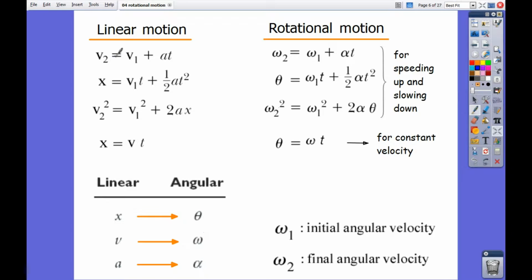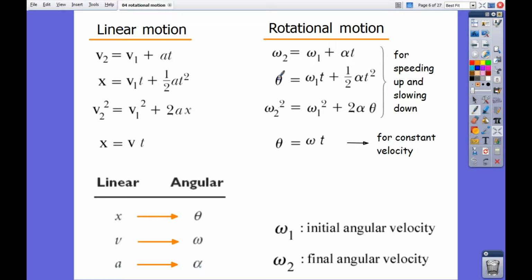So instead of using this equation, we substitute all linear quantities with rotational quantities. Final angular velocity equals initial angular velocity plus angular acceleration times time.